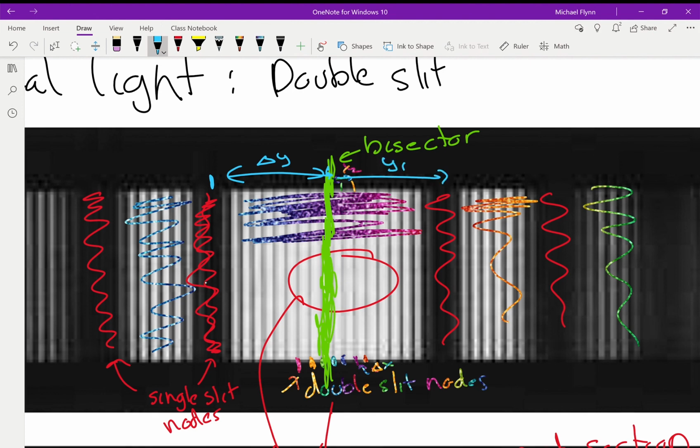Now if I measure to the second one, that is y2. And from here to here would be delta y. Whereas delta x is much smaller. Delta x, I'll use red, would be that distance, that little fine pattern of bars you see there. All right, so now that you see the differences between these two, remember w is the width of the slit, d is the distance between the two slits if it's double slit interference.